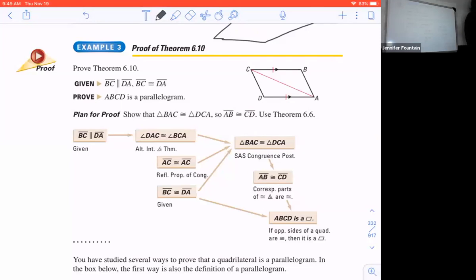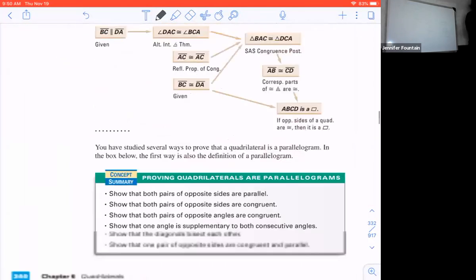All of those lead to triangle BAC being congruent to DCA because of side-side-side congruence. Because of that, I can tell that AB is congruent to CD, and that's corresponding parts of congruent triangles are congruent. Therefore, ABCD is a parallelogram. Okay, flow proof. So this is a flow proof, yeah. That sounds fun.